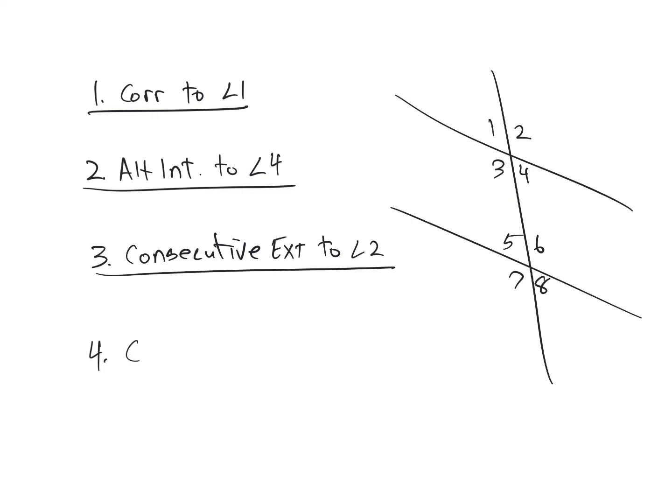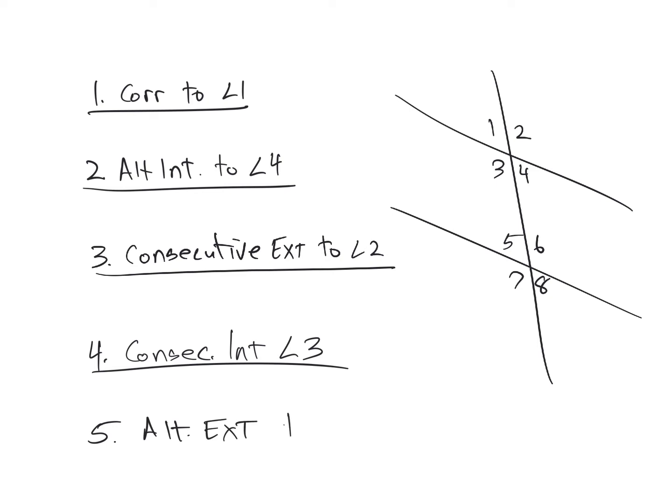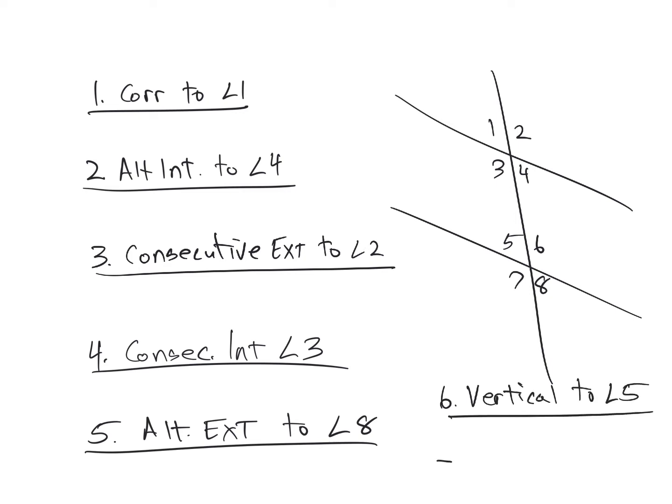Number 4: consecutive interior angle to angle 3. Number 5: what is an alternate exterior angle to angle 8? Number 6: vertical to angle 5. And 7: linear pair to angle 4.